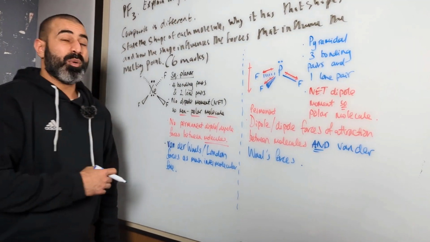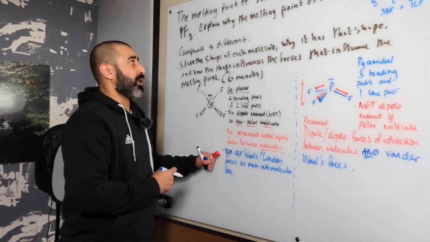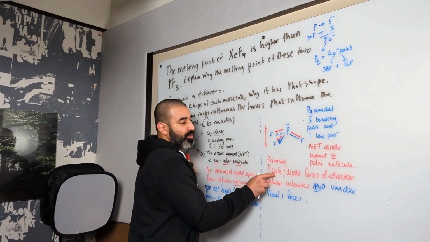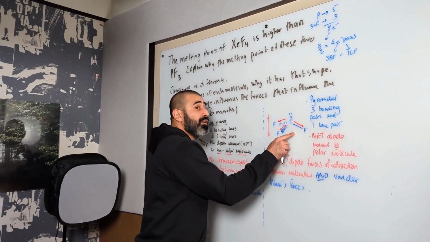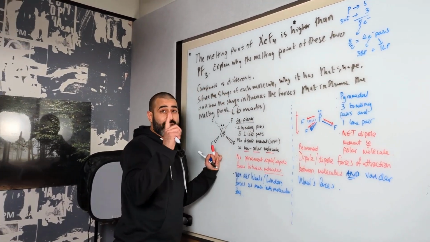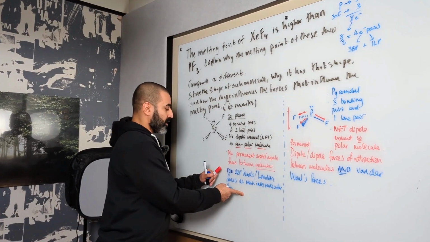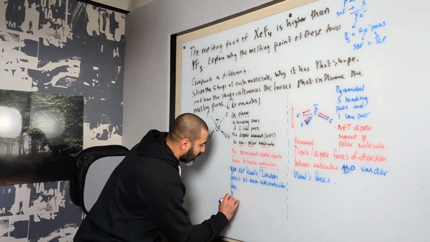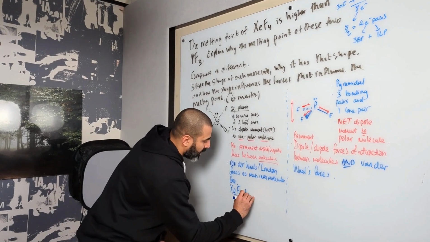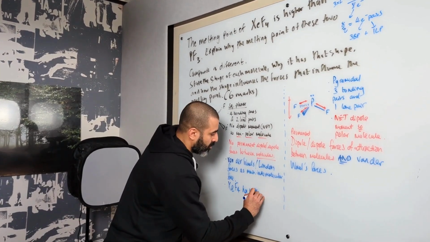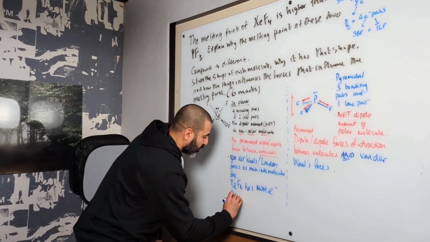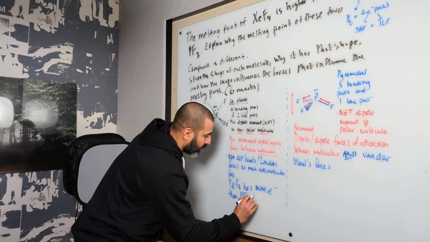What we're really saying here is that the van der Waals or the London forces in xenon tetrafluoride must be stronger than the permanent dipole forces and the van der Waals forces in PF3, because the van der Waals forces scale with the number of electrons. So XeF4 has more electrons in total than PF3.